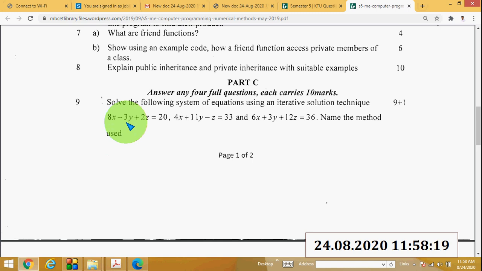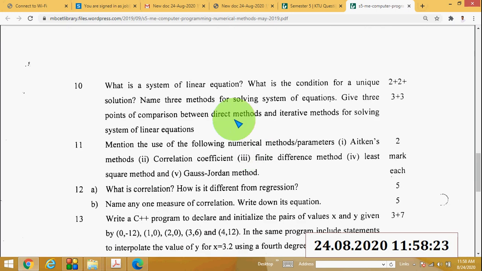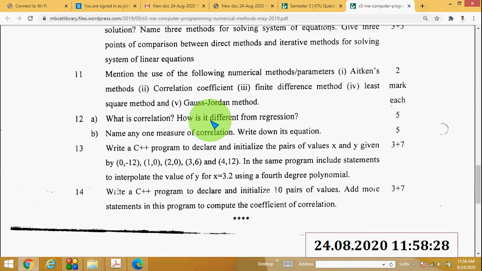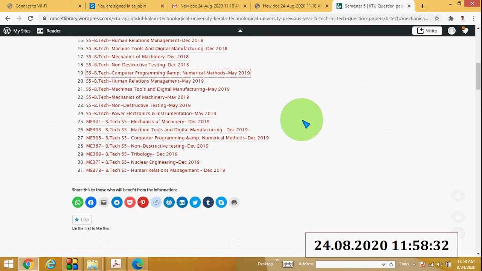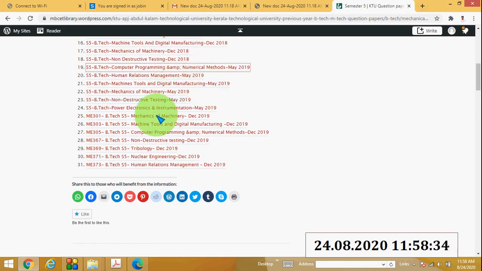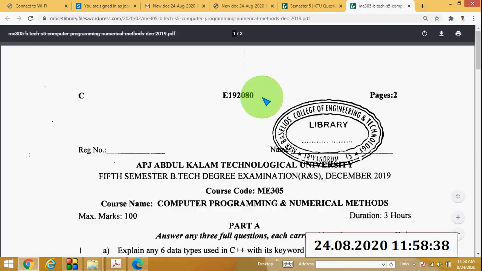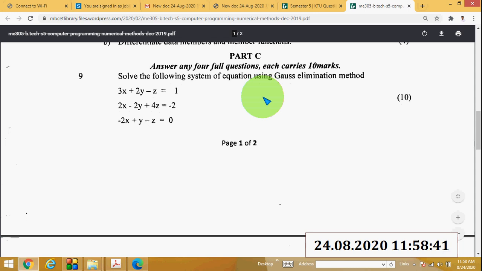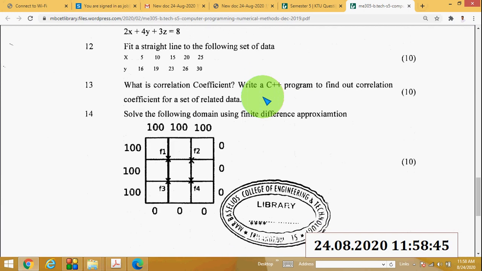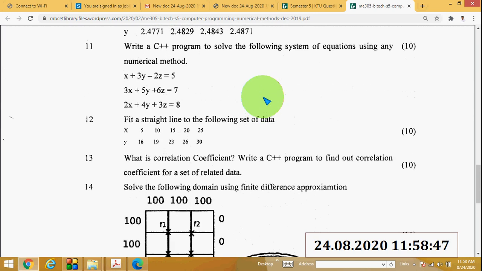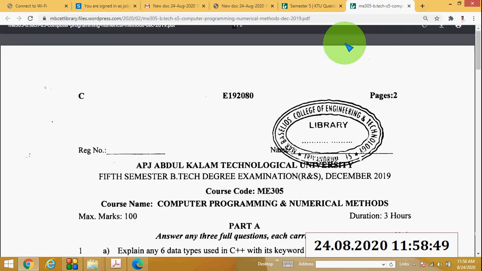Name the method used: you have to write Gauss-Seidel iterative method. In the last question paper, there is no problem related to the Gauss-Seidel iterative method.